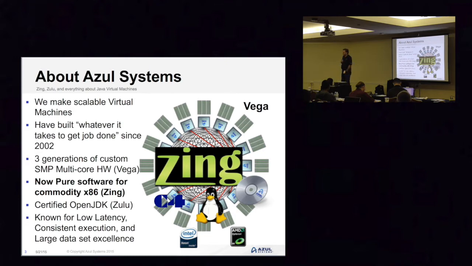But really, our claim to fame and what we're known for, stemming from Vega, moving on through today into Zing, is for low latency and continuous, predictable performance in Java execution on widely different scales. We now have a version of Zing that's going GA tomorrow that can handle a terabyte heap size without adding garbage collection pauses.